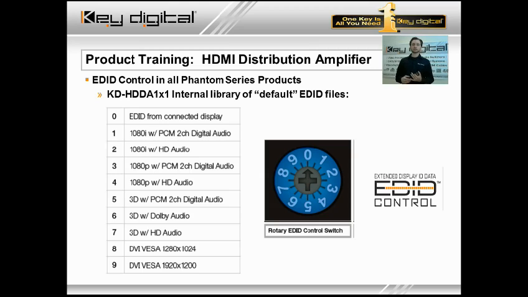Frankly, we've seen many times where a Blu-ray player or a set-top box, as soon as you switch that handshake setting on the Key Digital, complies with it within a matter of seconds. Computers, on the other hand, depending on how secure they want to be, may not comply until you give it a restart, and that's not a very desirable thing to happen.